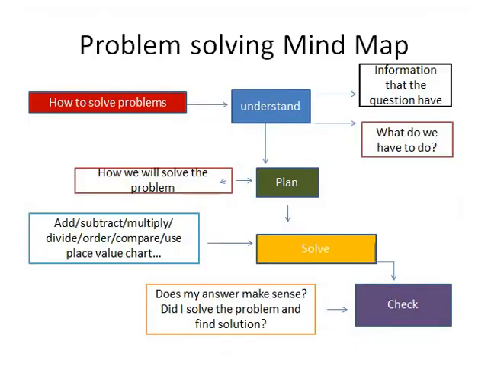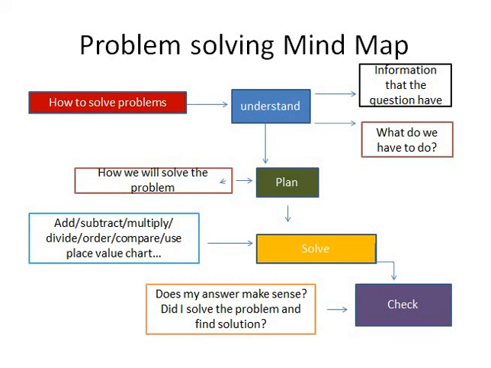Now look at this mind map that describes the four steps of the problem solving strategy. What do we need to solve a problem? First, I have to understand. In understand, you can notice that I have two options.